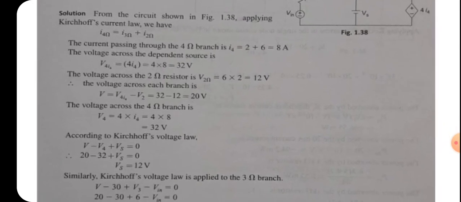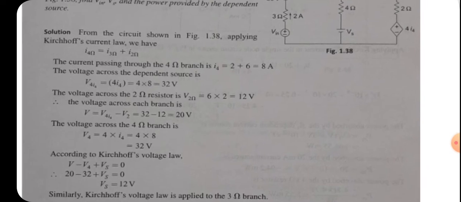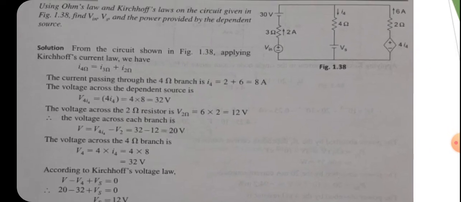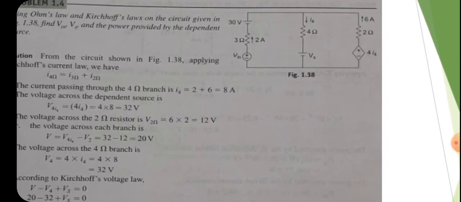The equation symbols will be based on Kirchhoff's law. Here we know that current flows from higher potential to lower potential. It is shown that the current direction is upwards. That means the positive symbol is near V in and the negative symbol is near the 30 volt.